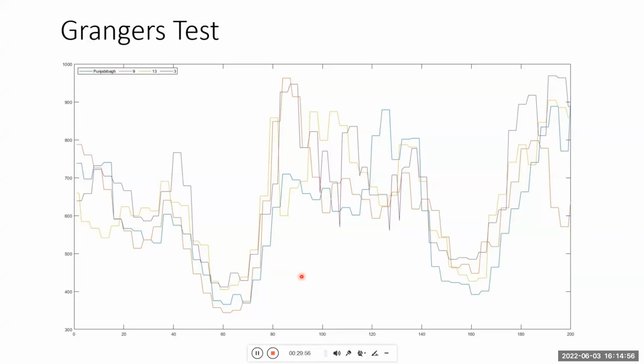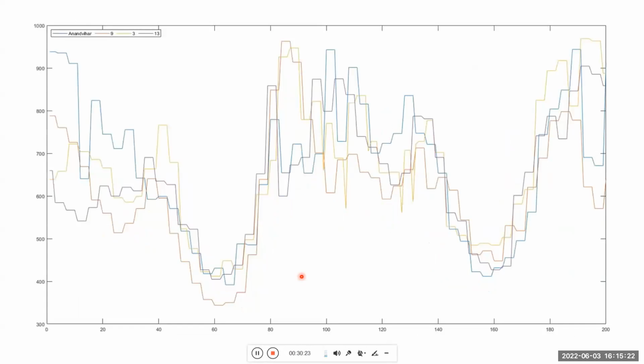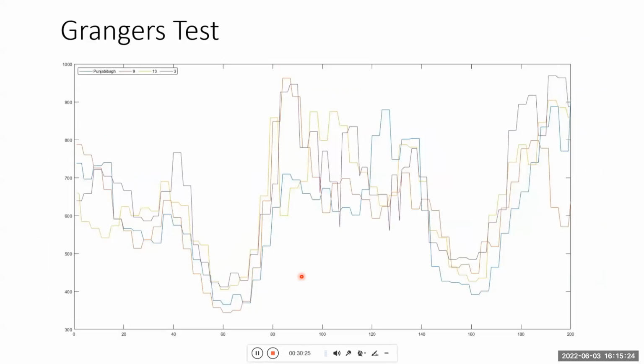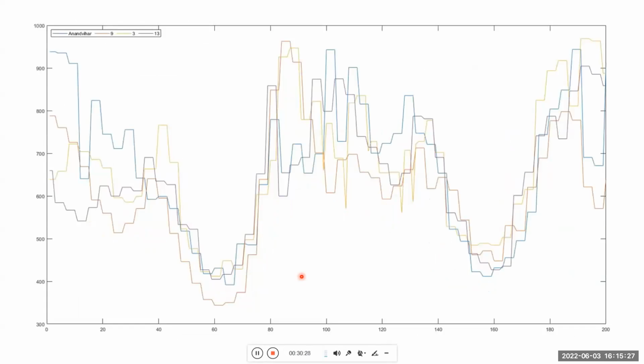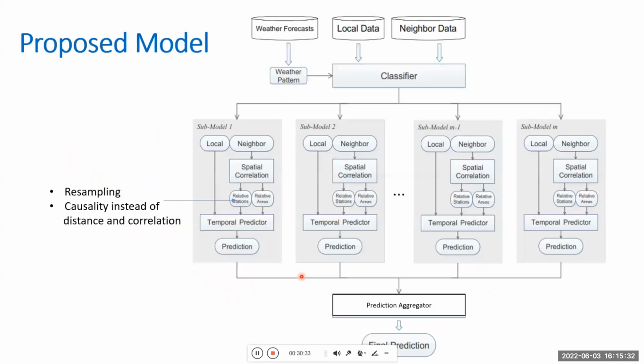If Punjabi Bagh is the station, the 9th, 13th and 3rd in the row number are affected, and you can check the names of those stations. If there is higher wind velocity or the wind direction changes, the dispersion phenomena of Punjabi Bagh affect stations 9, 13 and 3. Similarly, for Anand Vihar we checked 9, 3 and 13, which says that Punjabi Bagh, Anand Vihar and stations 9, 3 and 13 are very close to each other geographically.